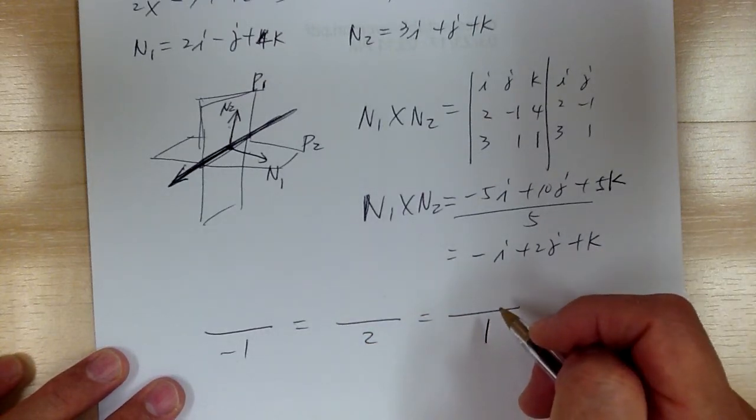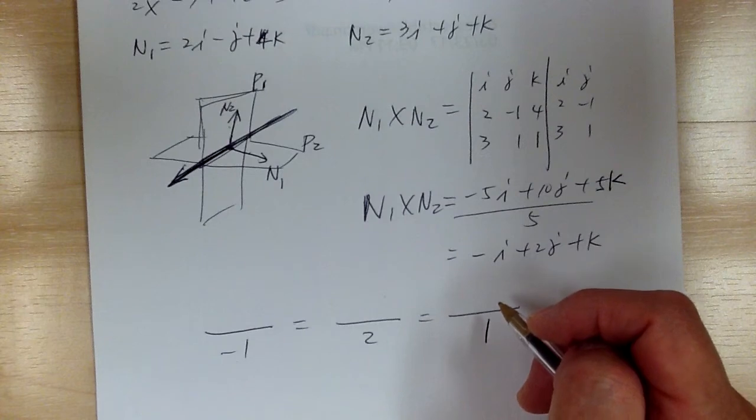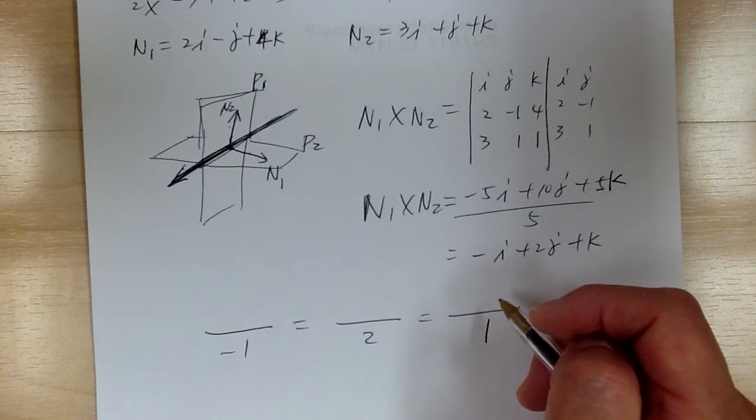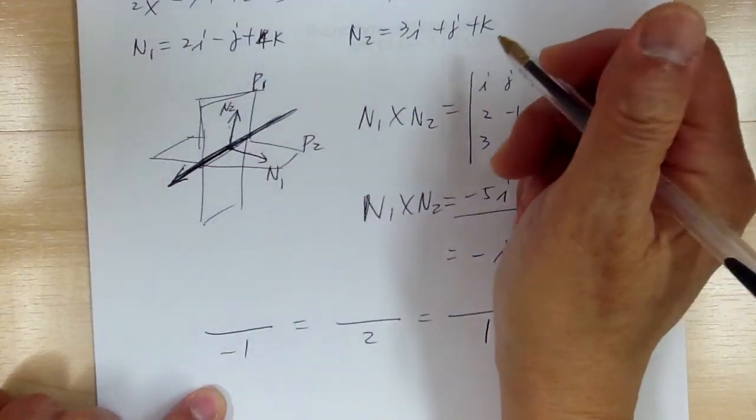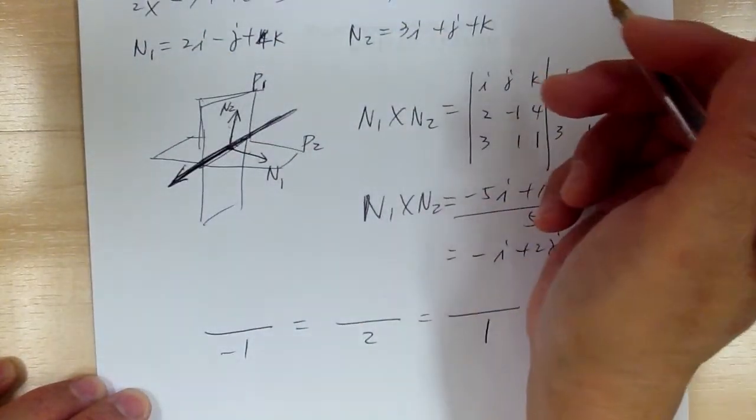Okay, and then you have to choose a point on this line. The way to do that is, again, you set one of the variables equal to 0.